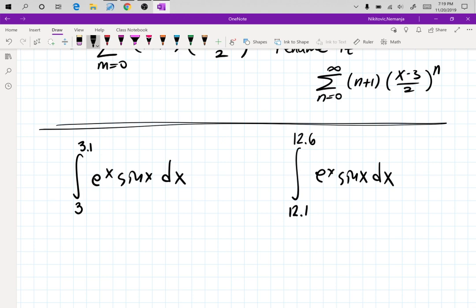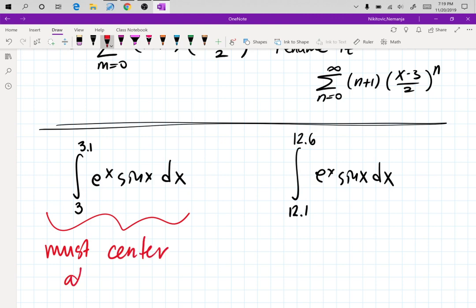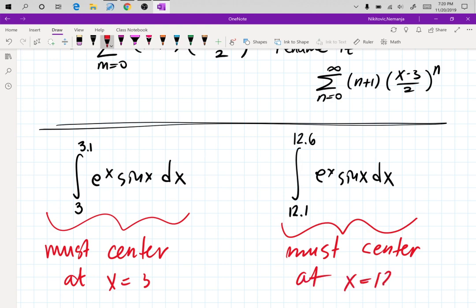The first problem must be centered at 3. The second problem must be centered at, let's say, 12. If you don't center your power series around the limits that you have, you'll be working on numbers that have nothing to do with your values. So this problem must center at x equals 3, and this one must center at x equals, let's say, 12.